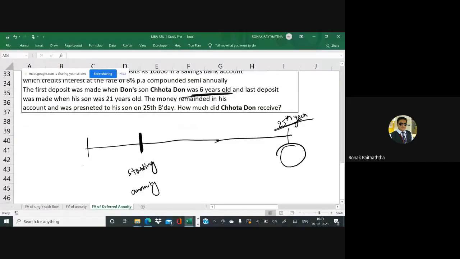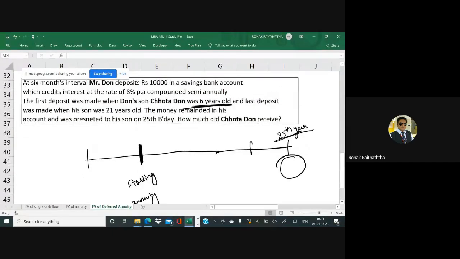Then one more thing is there. Here the 21st year is getting elapsed. After which Mr. Don is anyway not going to invest anything into the fund, but that money will remain in that fund for a further 4 years.